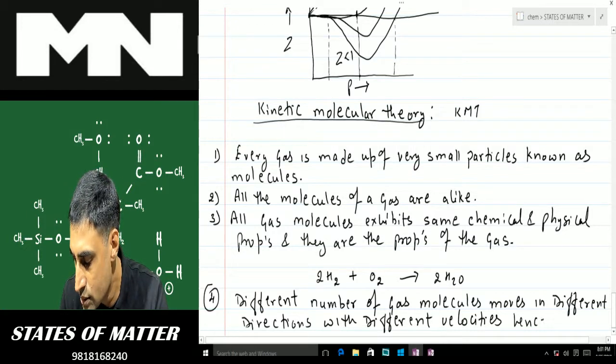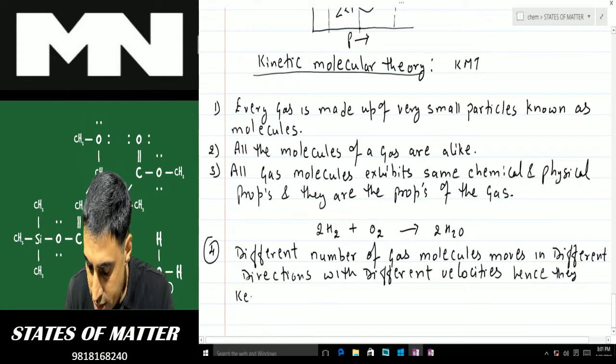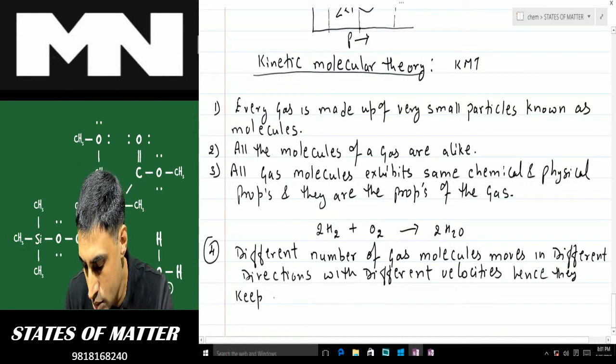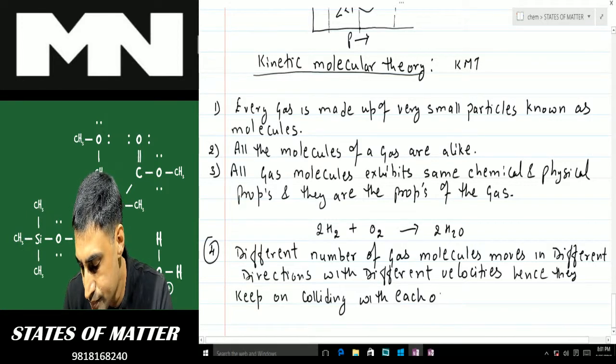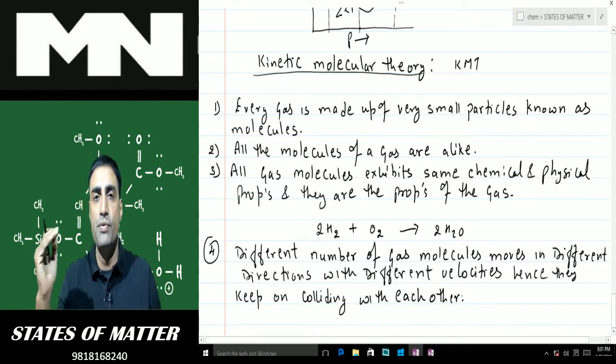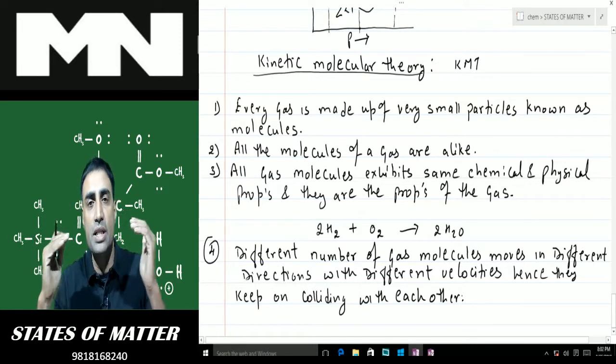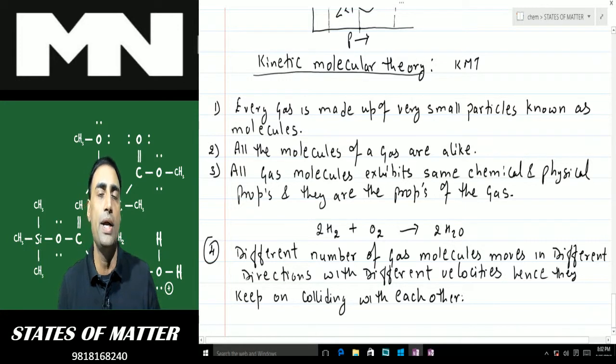Hence, they keep on colliding with each other. So different numbers of gas molecules move in different directions with different velocities, and when they are moving like that, there is every possibility that they will collide with each other. So they keep on colliding with each other.